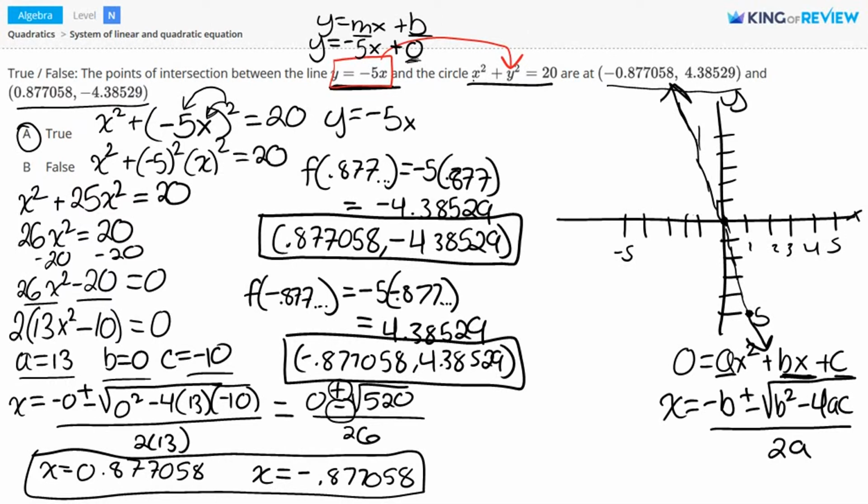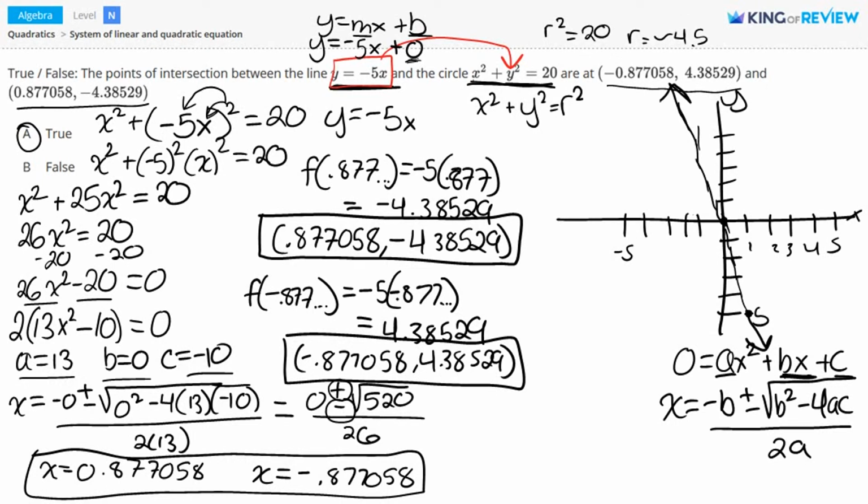And now we know that this is a circle. This is in the form x squared plus y squared equals r squared. R is the radius, so r squared equals 20. So this means that the radius is equal to about 4.5.